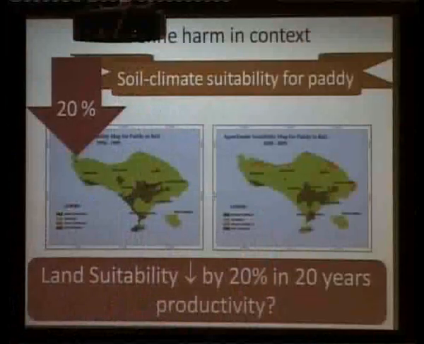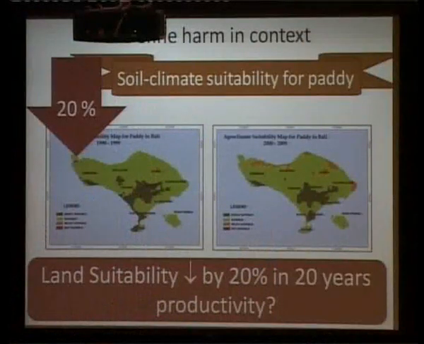So within 20 years, you see that the yellow part is getting larger. Yellow part is area not suitable for paddy production. So this implies land suitability decreased by 20% in 20 years. So it might be that production will not be suitable. Many parts of Bali may not be suitable for paddy production in the future.